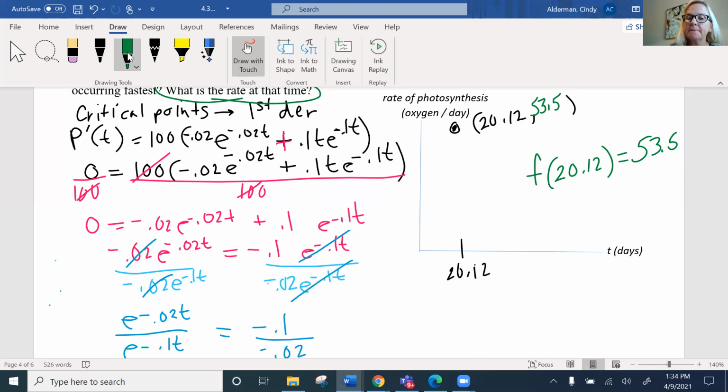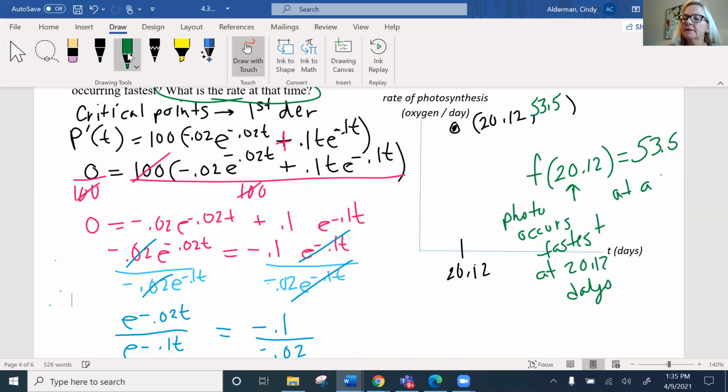So you can say that photosynthesis occurs fastest at 20.12 days at a rate of 53.5. So the graph would, if you put that original function in the graph, look something like that.